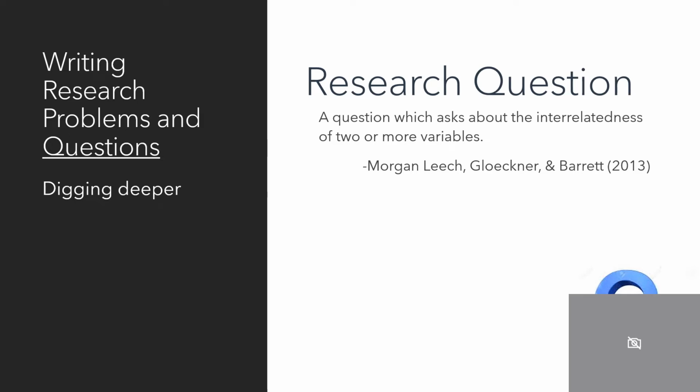Research questions are predictive questions about the relationship between variables. They are questions, so they have to end in a question mark. In qualitative research, we are cautioned against asking a yes-no question. However, in quantitative research, this is more acceptable. There are three main types of research questions: difference, associational, and descriptive.